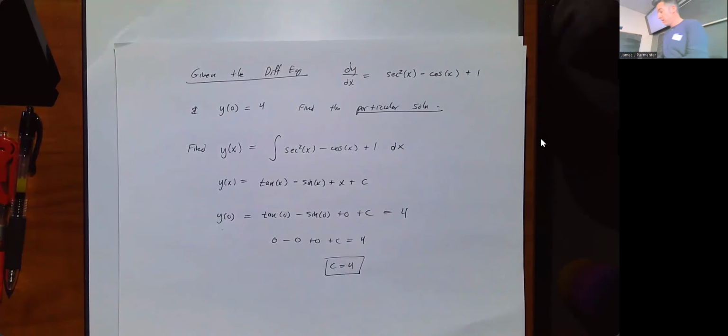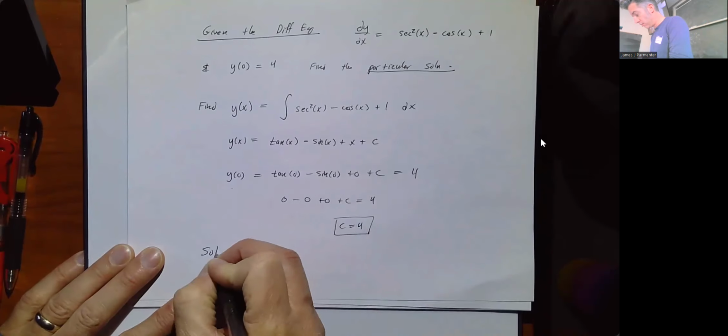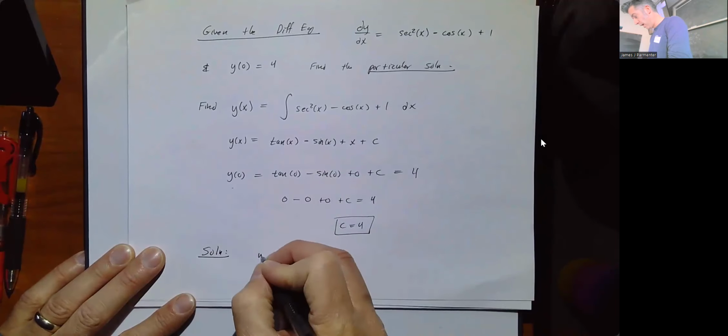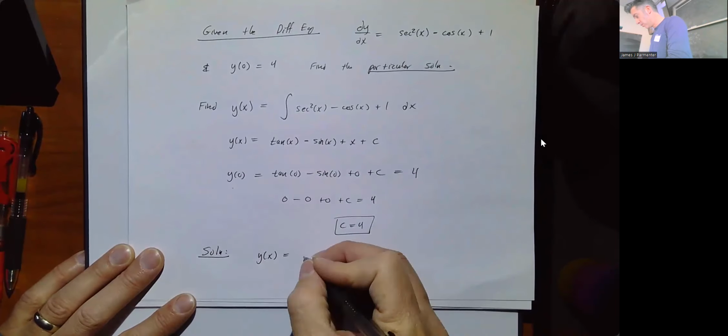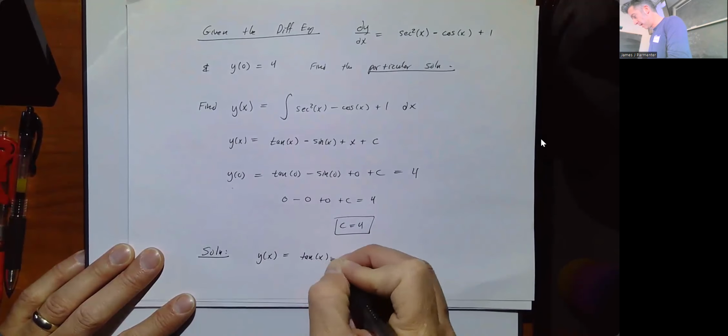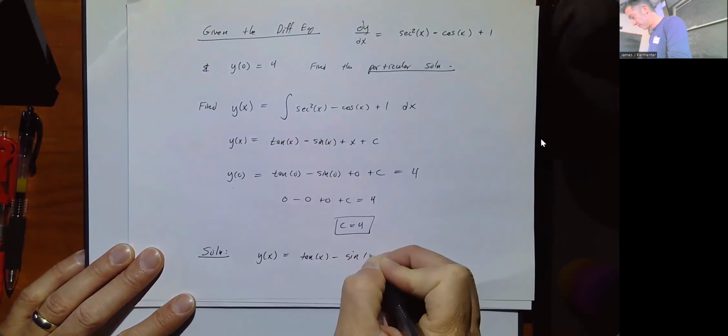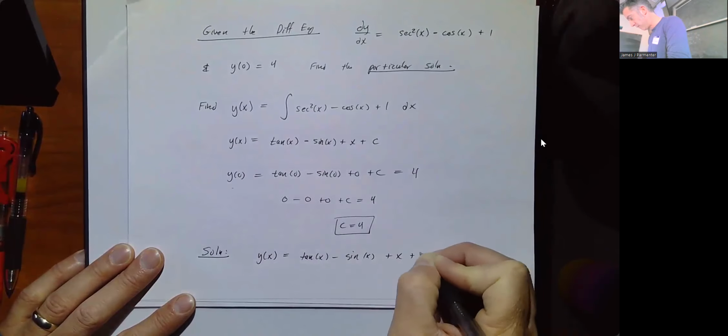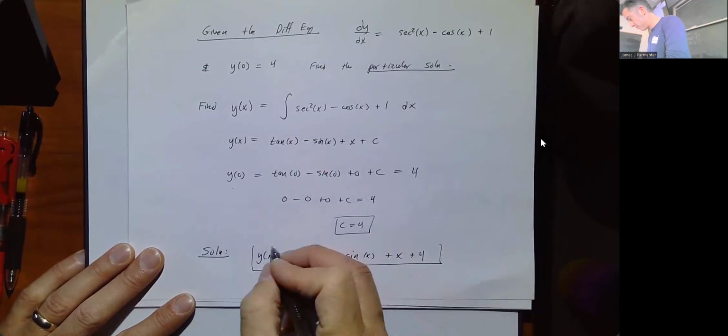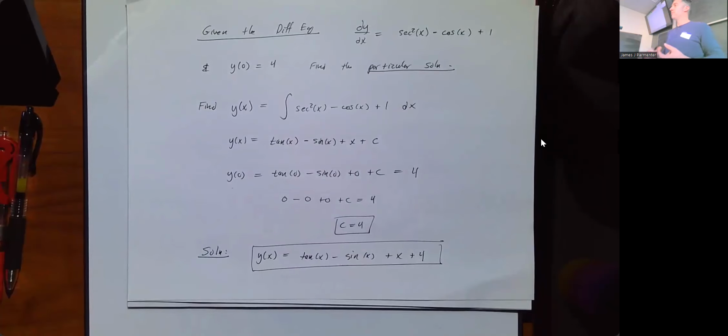So our actual solution here is that y as a function of x is equal to tangent of x minus sine of x plus 4. To be vigilant, whenever you're finding the solution to a differential equation, the solution is a function of whatever your independent variable is, t or x typically, but really could be anything.